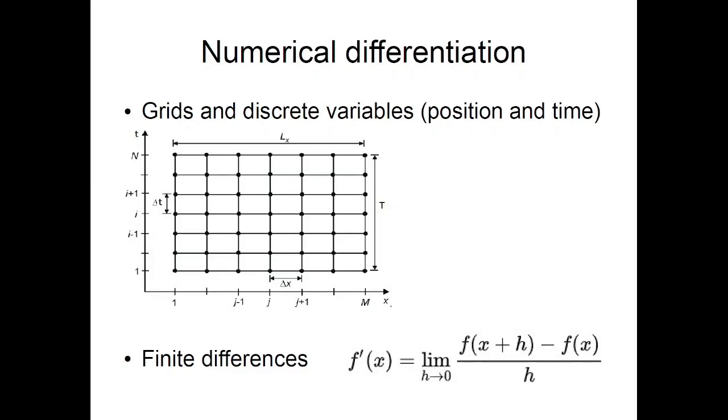In the very same way, we have to bear in mind that time is also a one-dimensional variable, so it has to be discretized exactly as it has been done for the spatial variable.